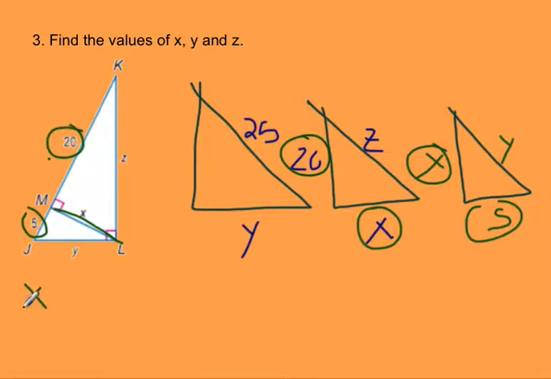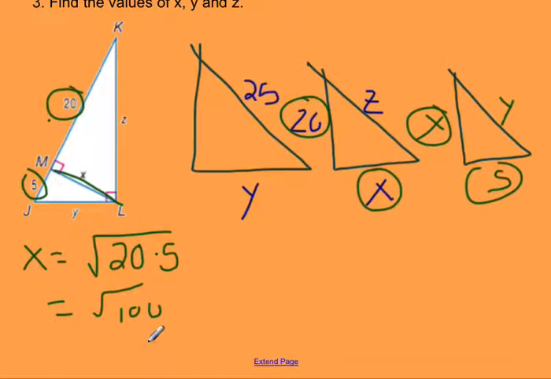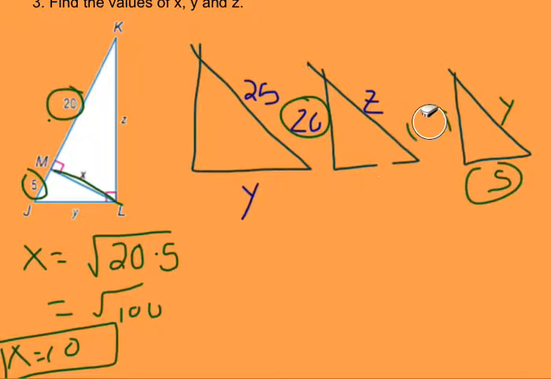So X is equal to the square root of 20 times 5. 20 times 5 is 100. So X is equal to the square root of 100, which is 10. So I know that X is equal to 10. I'm going to erase X and write 10 in instead, since I know what it is now.